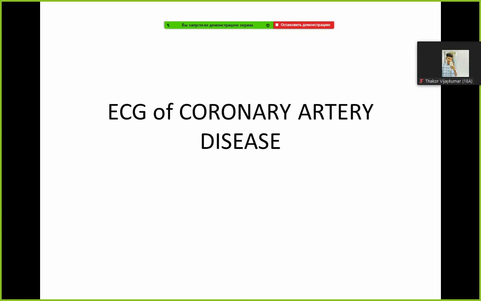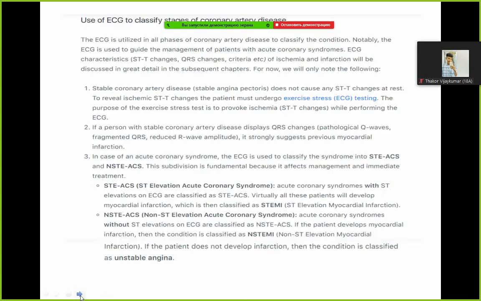Now we will continue with the ECG of coronary artery disease. ECG may help us to know the stage and the type of coronary artery disease. If we have stable coronary artery disease or stable angina pectoris, this type does not cause any ST and T changes at rest.